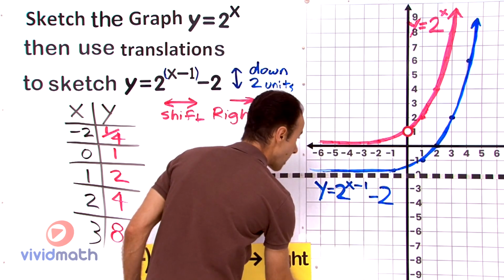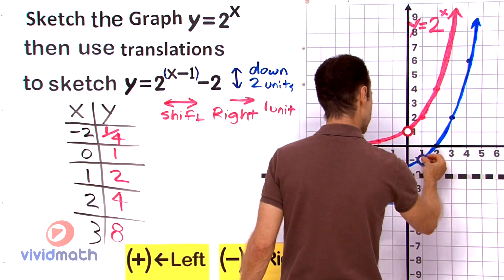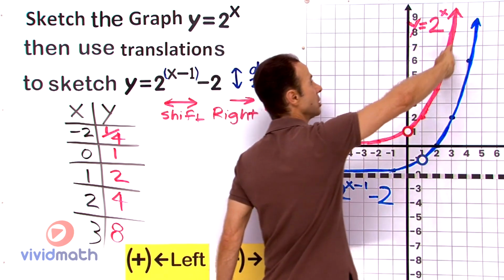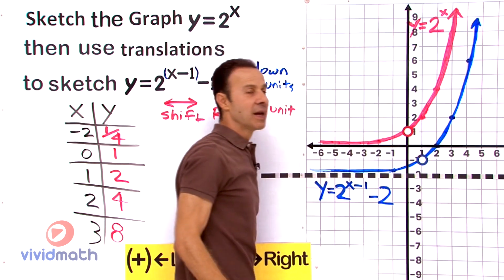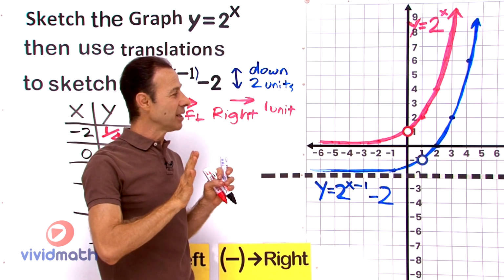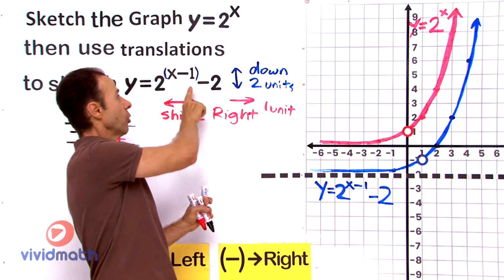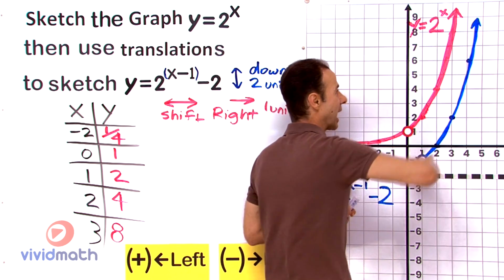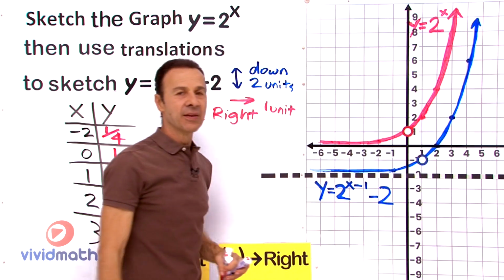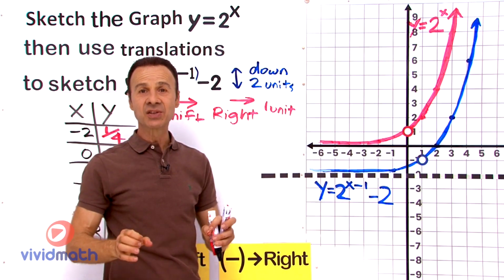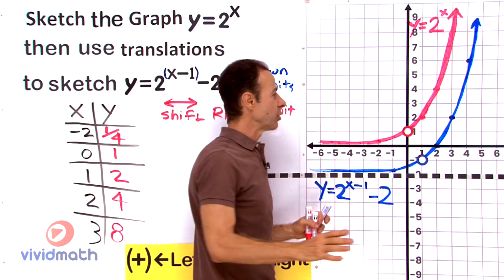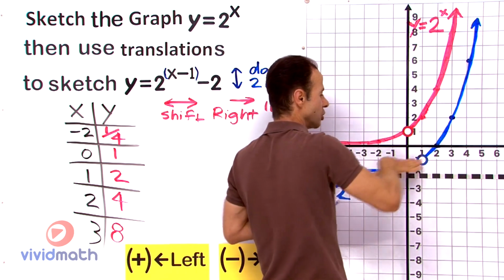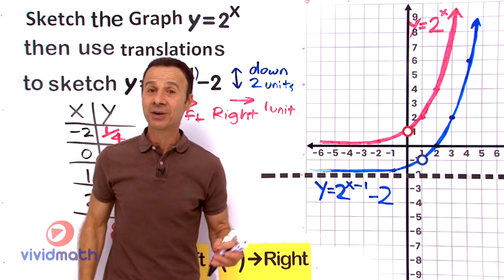So essentially, this point is translated to this point there. Essentially what we're doing is we draw the parent function, y equals 2 to the power of x, and then we shift it horizontally by how many points? By 1 unit. Horizontally 1 unit, and then down 2 units. And we draw the exact same graph, and that exact same graph is of the same size, same shape, hasn't been changed in any way. It's just the same original graph translated down to this new position right over here. There you go. Hope that helps.